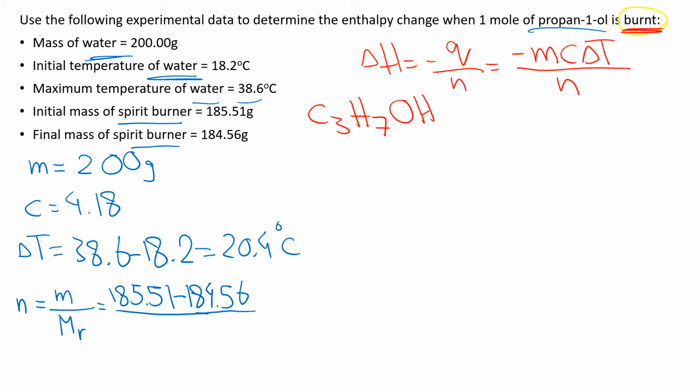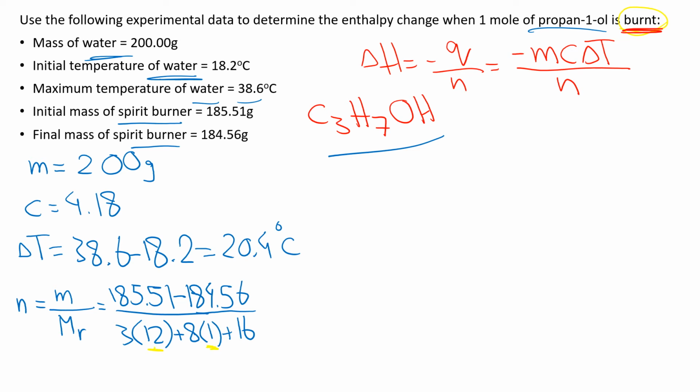And the molar mass for C3H7OH, we have 3 carbons. So let's say that carbon is 12. You can copy it from the data booklet directly. Plus, we have 8 hydrogens, 8 by 1, plus 16. It's always recommended to copy the molar masses directly from the data booklet.